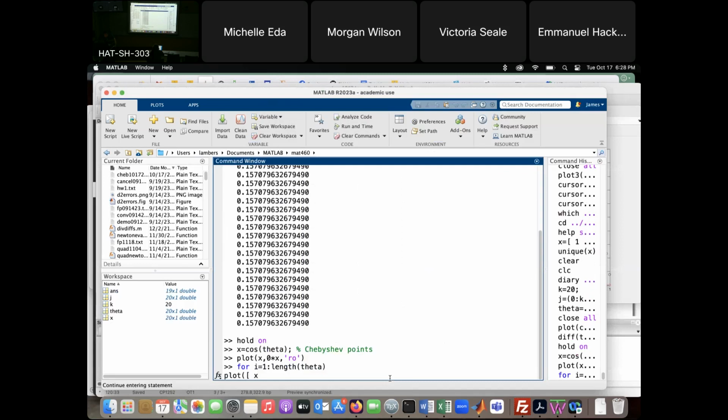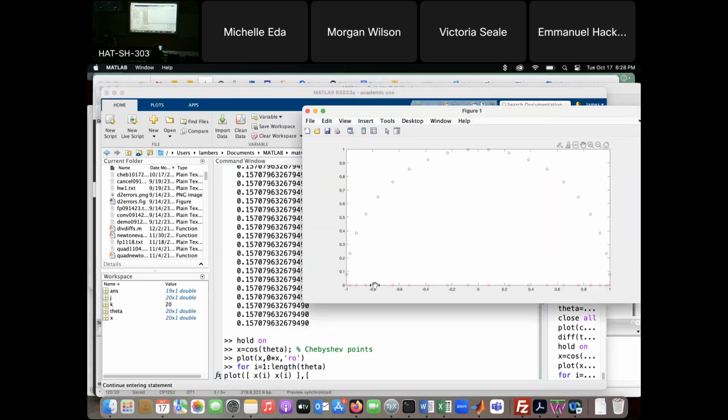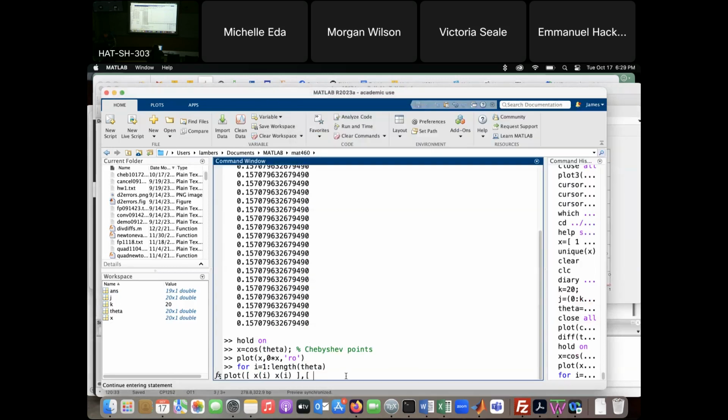So I have plot, square bracket x(i). And then I want vertical lines that will start at the x-axis and go all the way to the corresponding point on the unit circle. So the starting y-coordinate would be 0, and the ending y-coordinate would be sine of theta(i).